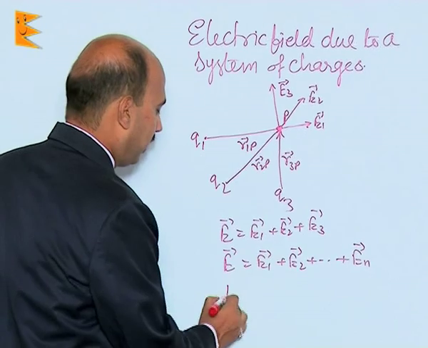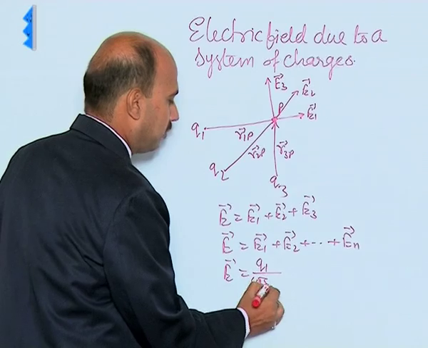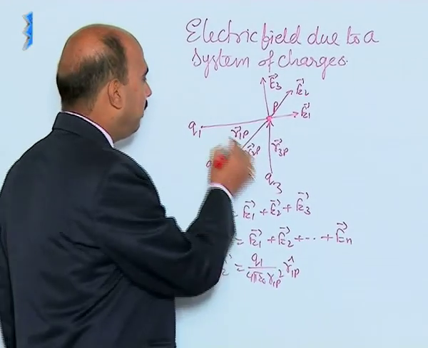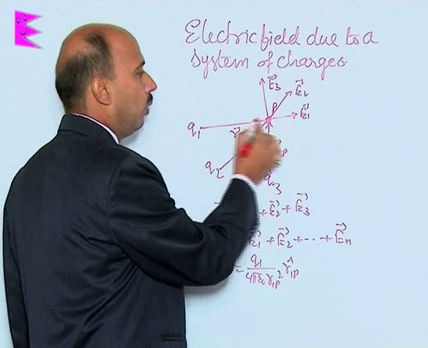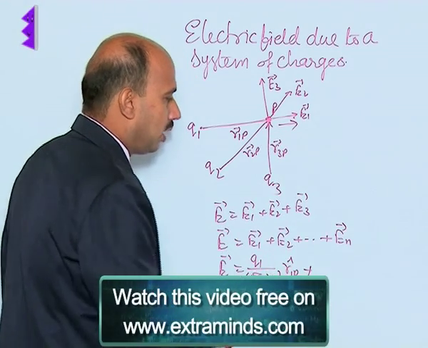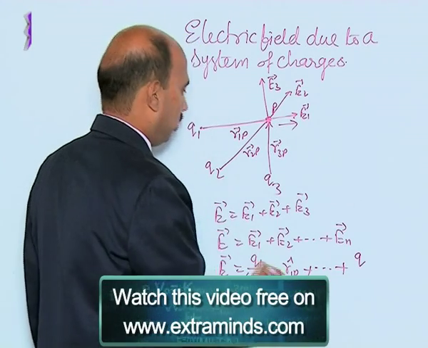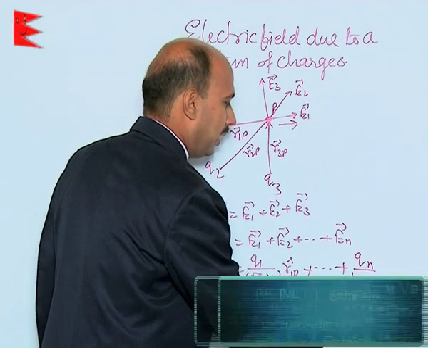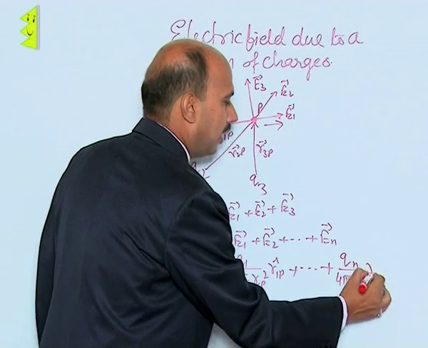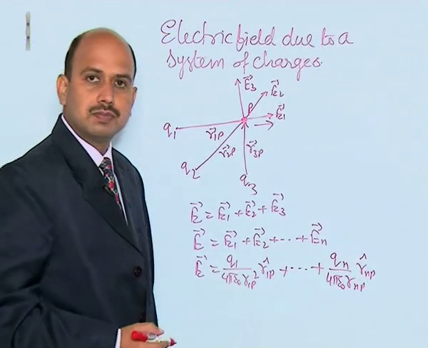And now we can also write this E is equal to q1 upon 4 pi epsilon naught r1p square r1p unit vector, where r1p means the direction from q1 to P, this side. Similarly, we can write for the next one, and for the last one we can write qn upon 4 pi epsilon naught rnp square rnp unit vector. So, this is due to the nth charge.